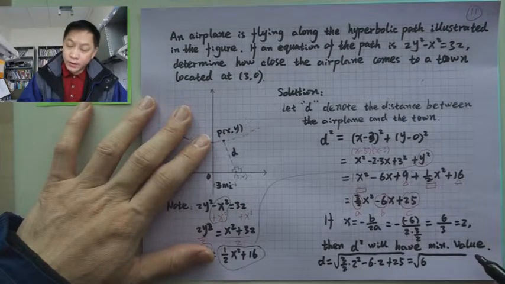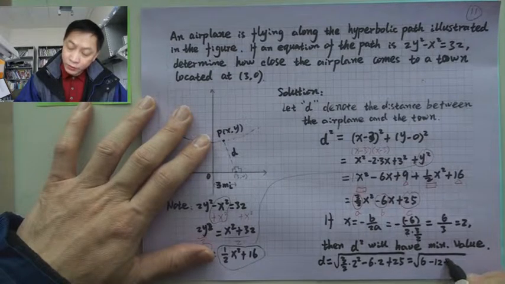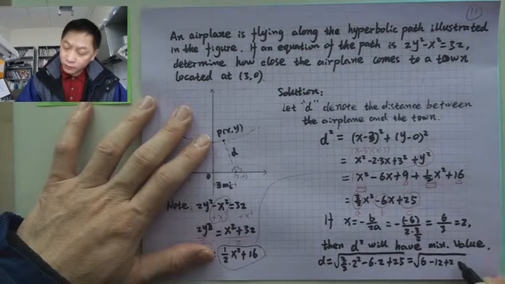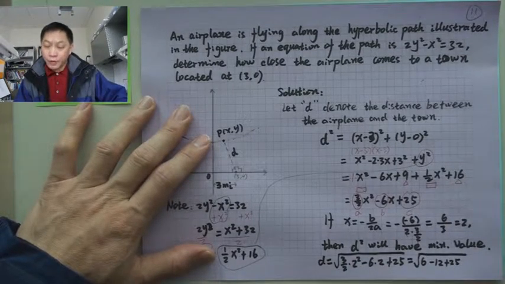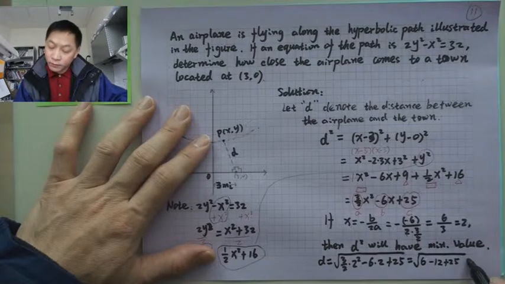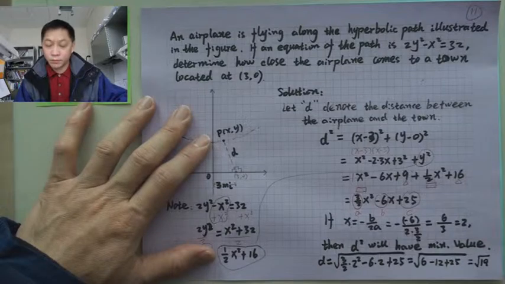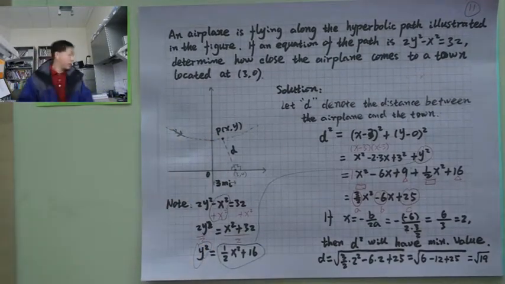Here is negative 12, plus 25. 6 minus 12 is negative 6, plus 25 is 19, positive. So 19 under the radical. Approximately how many miles?